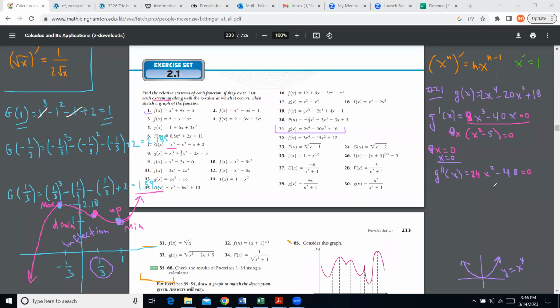So 8 is what I can take out, right? Or actually, this one I can solve right away. This be 24x squared is equal to 40, and then we can find x, right? And from that other piece, it's x squared minus 5 is equal to 0, right? And from there, we also find a couple of solutions.